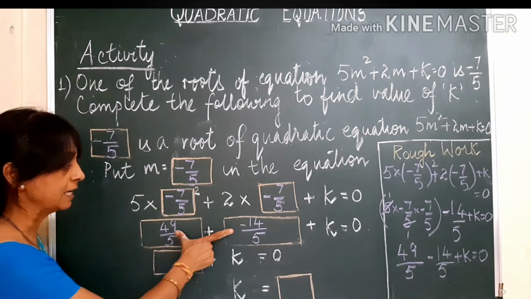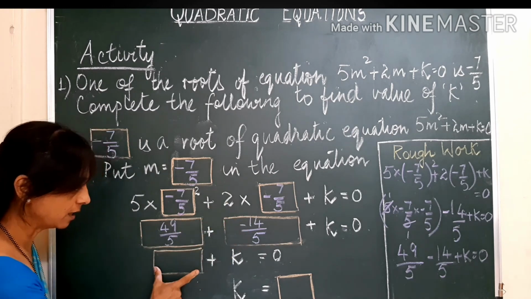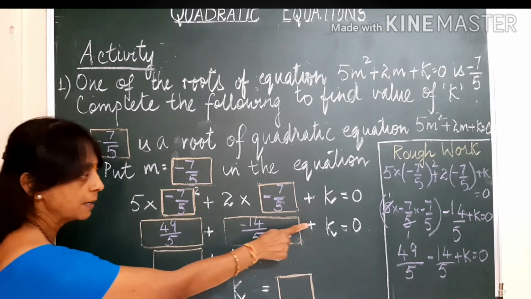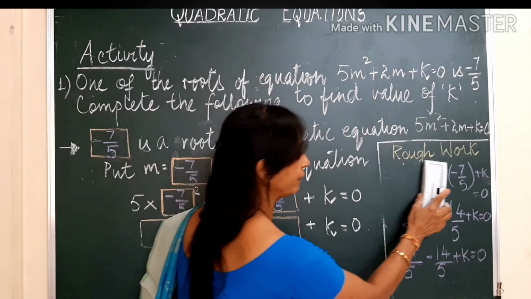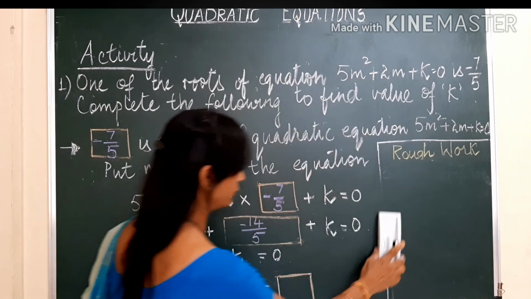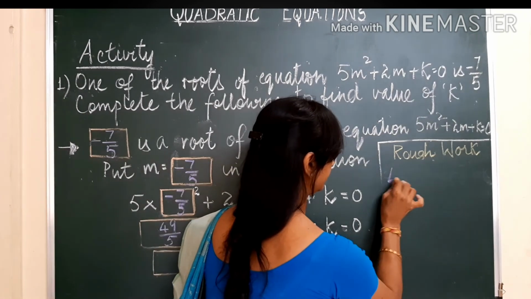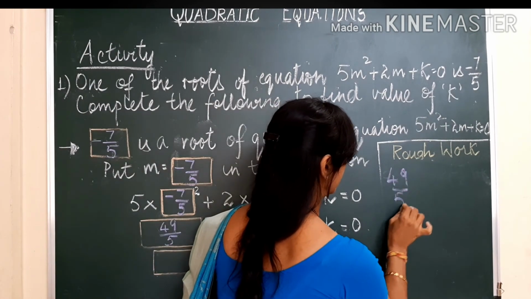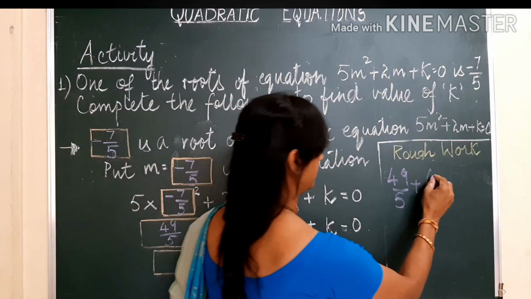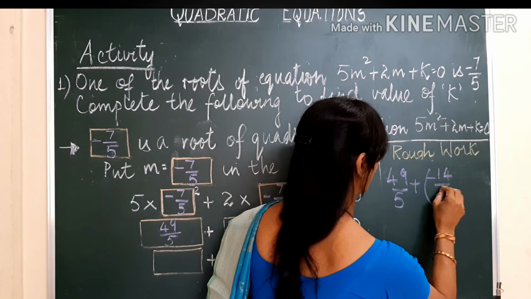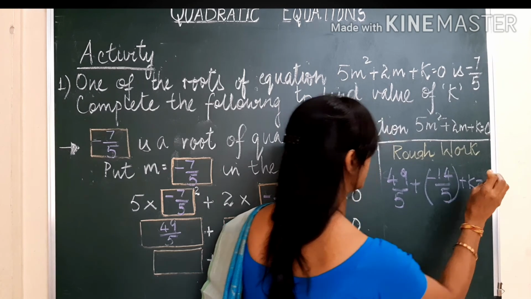That means definitely we have to plug up the first and the second box, find out the answer and rewrite the answer in the first box, continued with plus k equal to 0. Again, let's do it in the rough work column. Let's write down 49 upon 5 plus into bracket minus 14 upon 5 plus k, which is equal to 0.